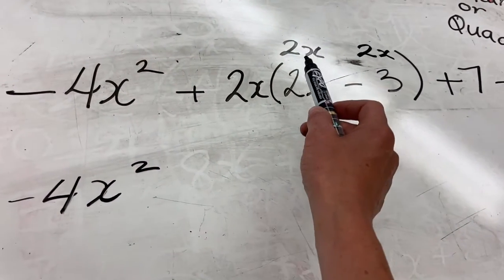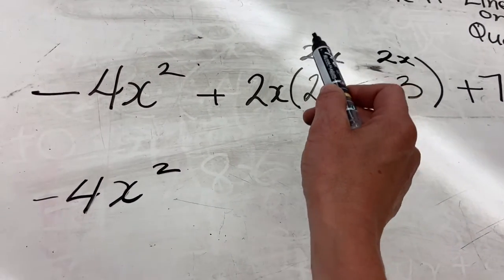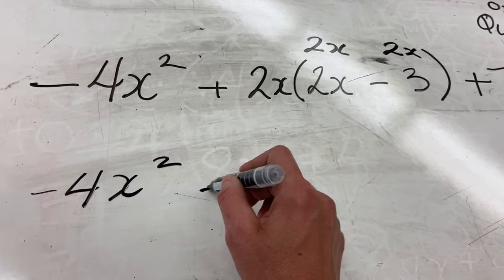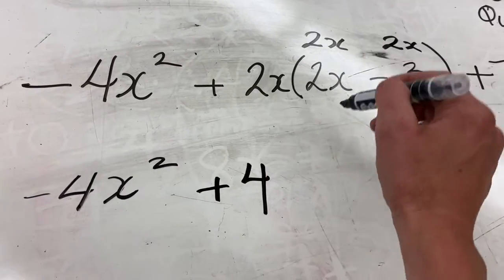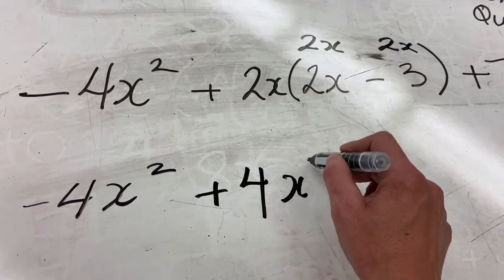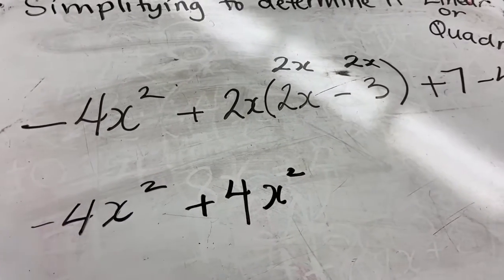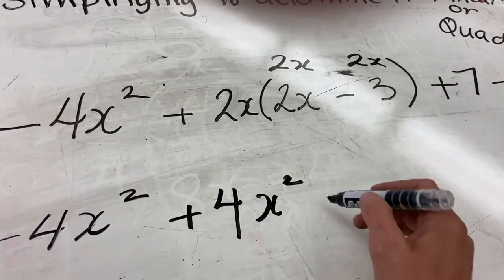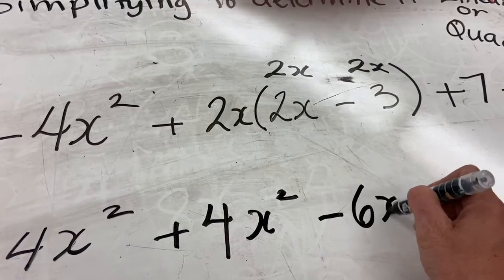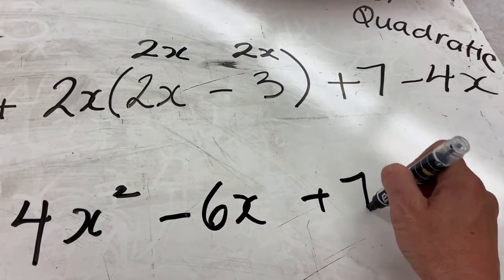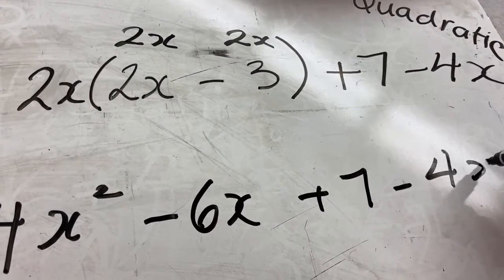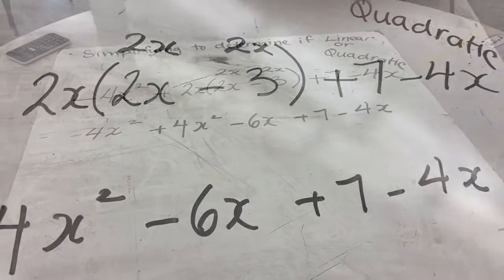So 2x times 2x, 2 times 2 is 4, that's plus 4, and x times x is x squared. And then I have 2x times minus 3, so that's going to be minus 6x. And then I'm writing the rest down, the plus 7 minus 4x.